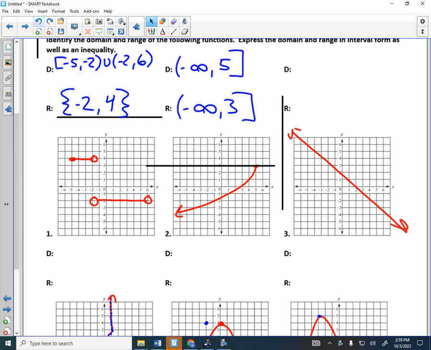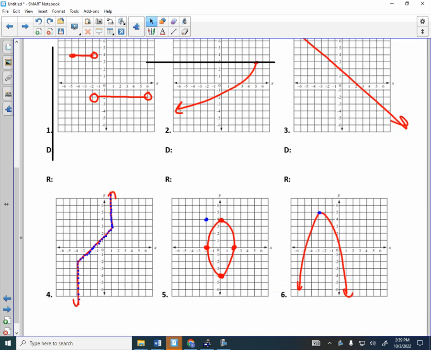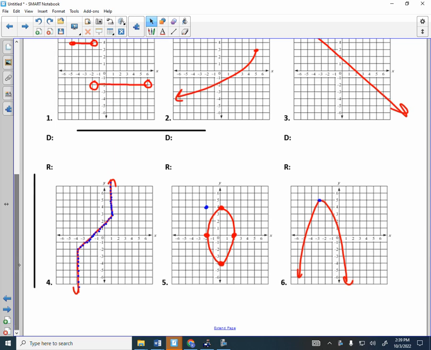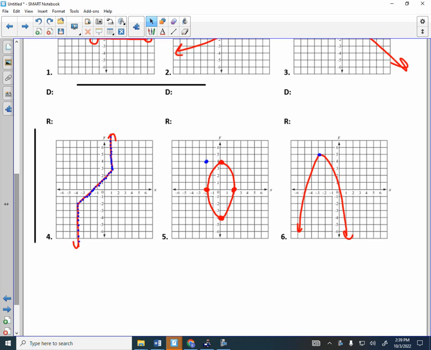The next one is a line. Notice the domain is -infinity to infinity, otherwise known as all real numbers. Okay, we move on down to this one. I drag it across, and I start where? -4 to +1.